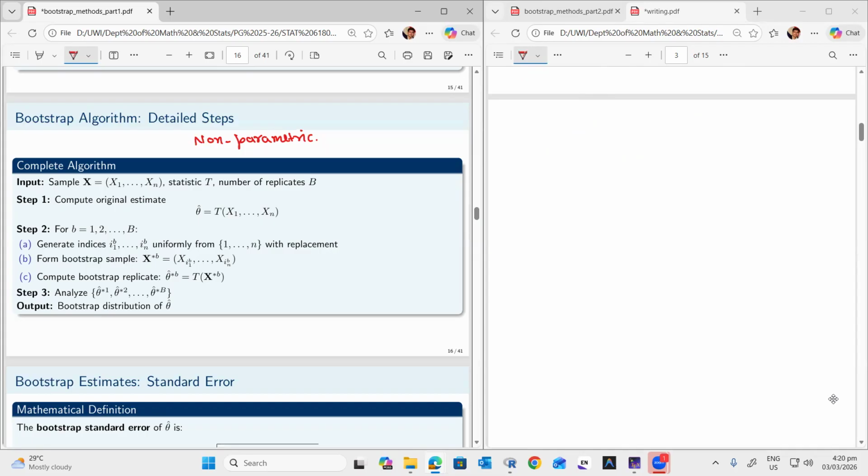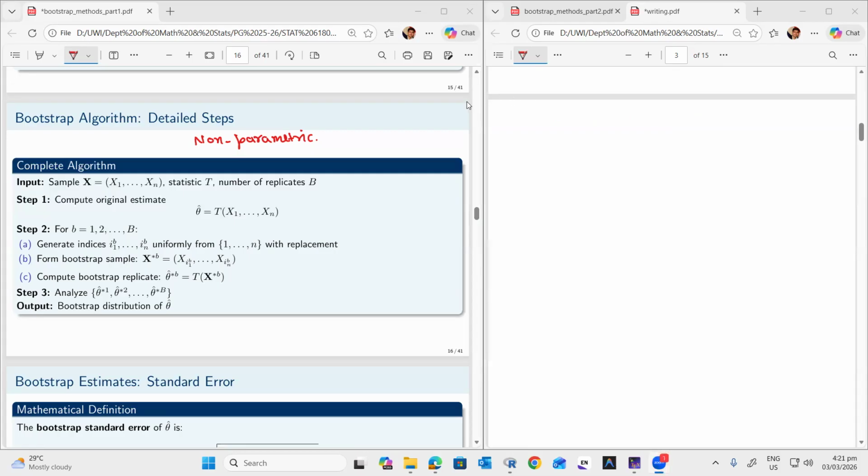Someone replied, independent of parameters. Not exactly, that is not the proper definition. The proper definition, I will tell you: it has no distribution.